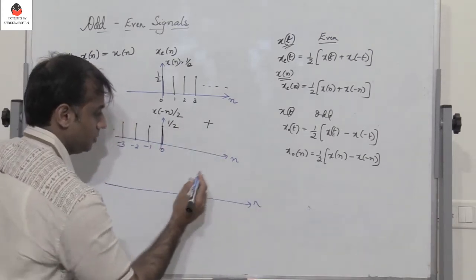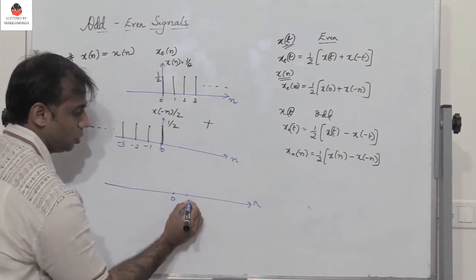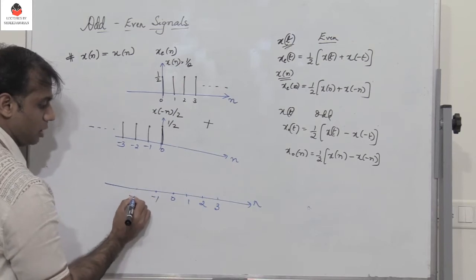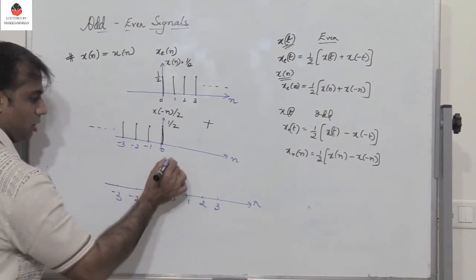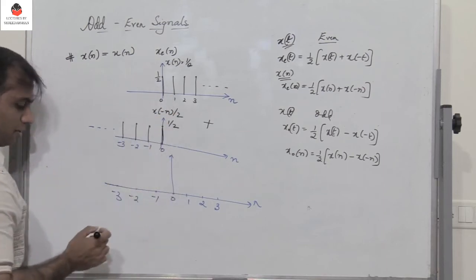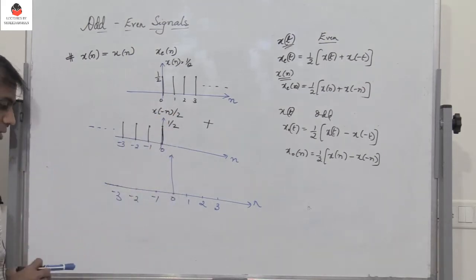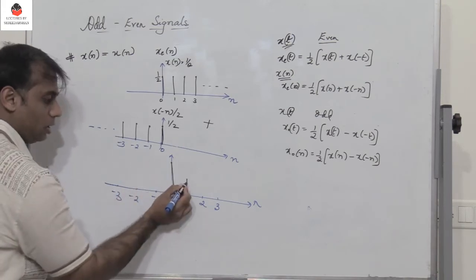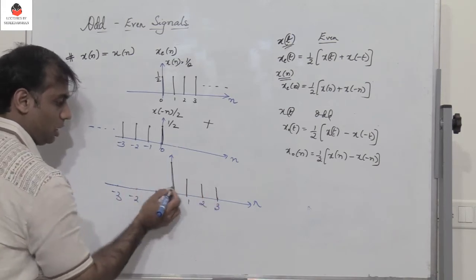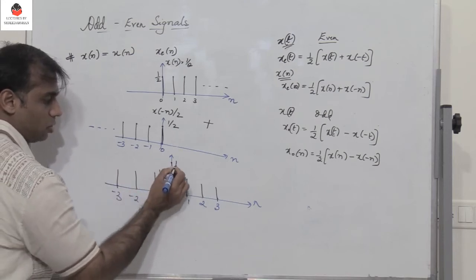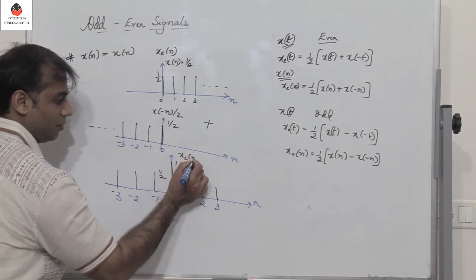You have n at 0, 1, 2, 3, minus 1, minus 2, minus 3. For n equal to 0, we get half plus half, which is 1. And all the other impulses on either side will be half. So this is x e of n.